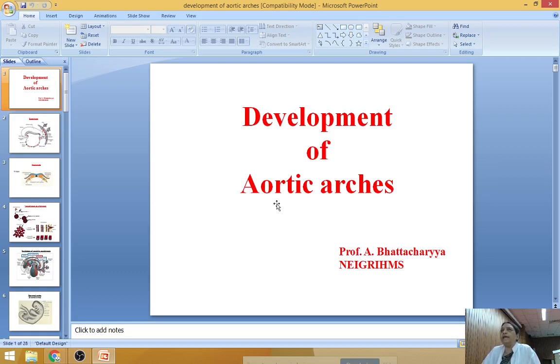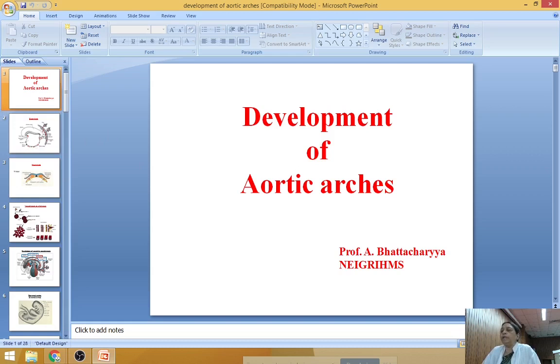The aortic sac forms the ventral aorta, and the ventral aorta is connected with the dorsal aorta by some vessels, the aortic arches.